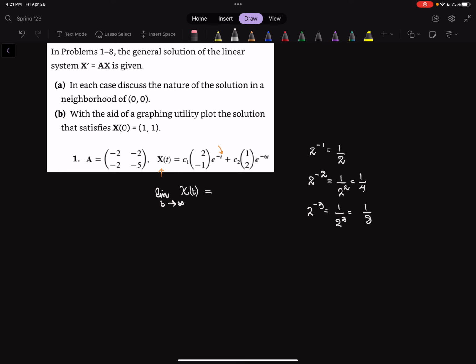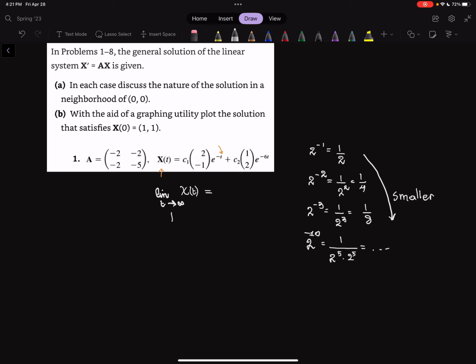So you see how these numbers are getting smaller and smaller, and they eventually get to 0 if this is large enough. If I have 2 to the negative 10, that's going to be 1 over 2 to the 5th times 2 to the 5th, which is 32 times 32, a small number, and it gets smaller and smaller as this increases.